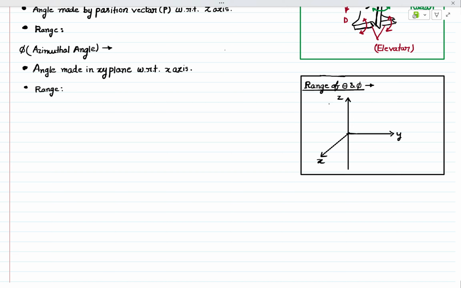In the XYZ coordinate system, I have to make a sphere.